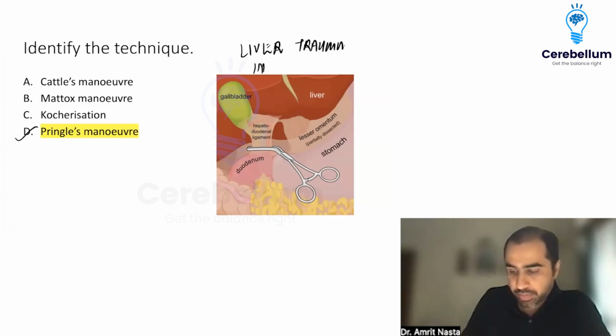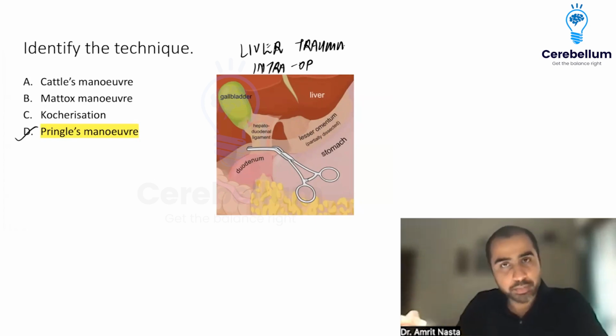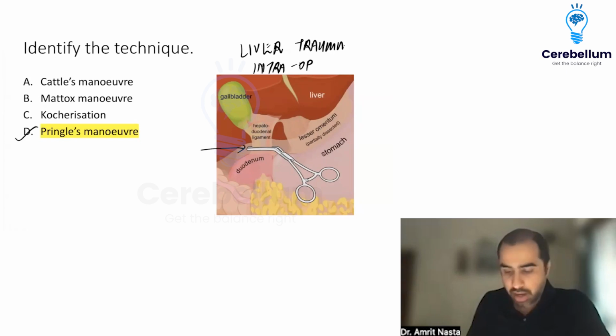intraoperatively. So during surgery, if liver is bleeding a lot, you will do Pringle maneuver, in which what you are going to do is you will clamp this area, this ligament. And what gets clamped in this area, it's going to be hepatic artery, gets clamped, portal vein.